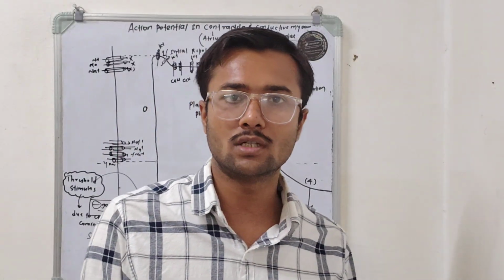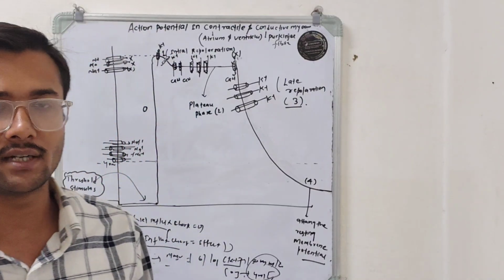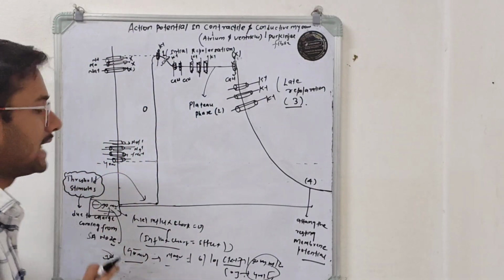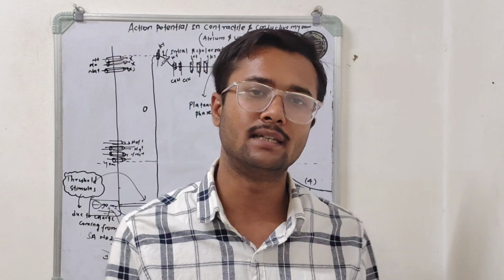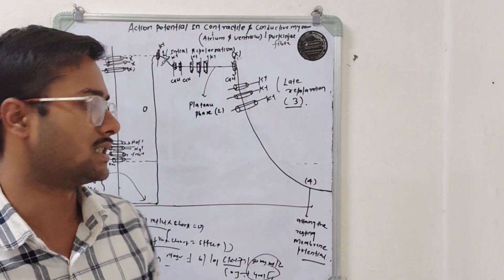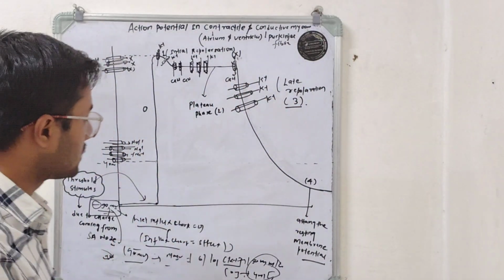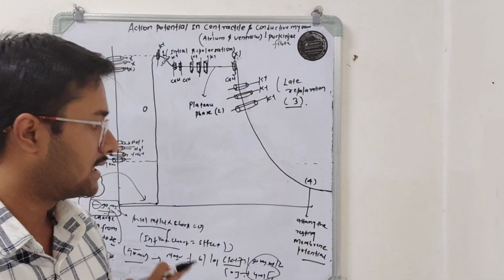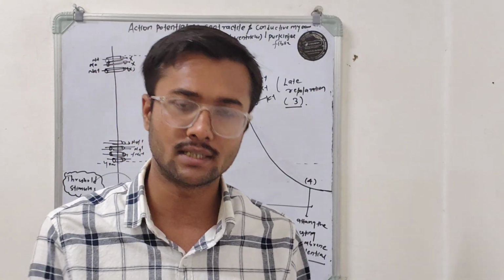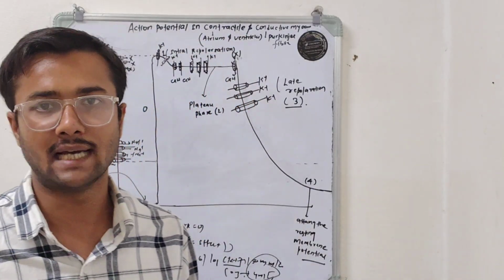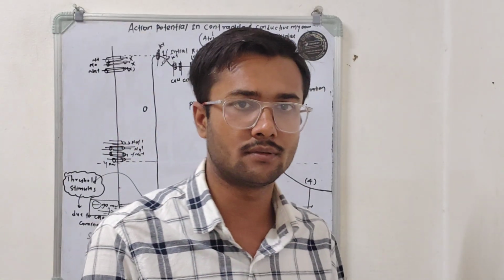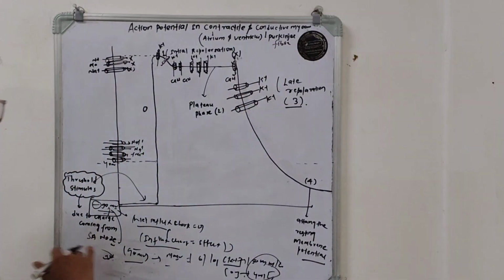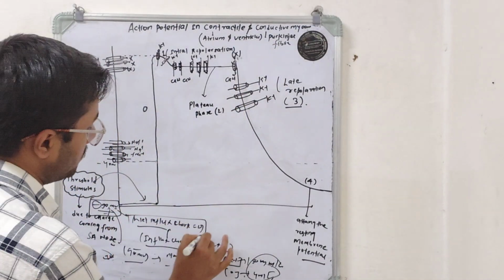The negative sign indicates that inside, negative charges are predominant. And resting membrane potential means that at this 90 millivolts, the amount of influx of charge is equal to the amount of efflux of charge. So this is all about the resting membrane potential.